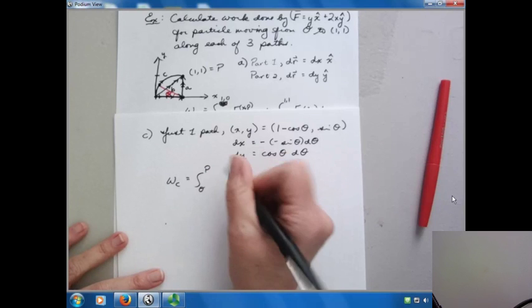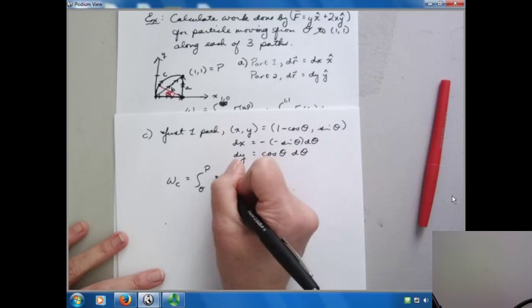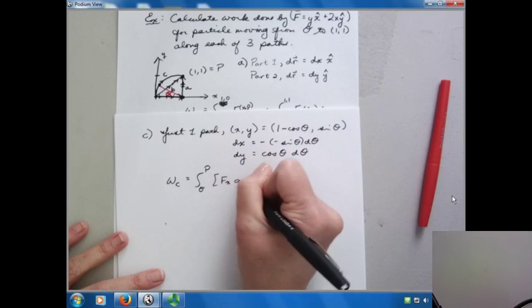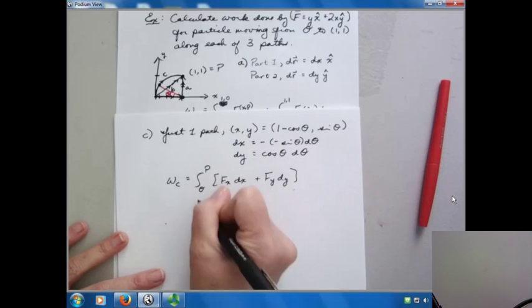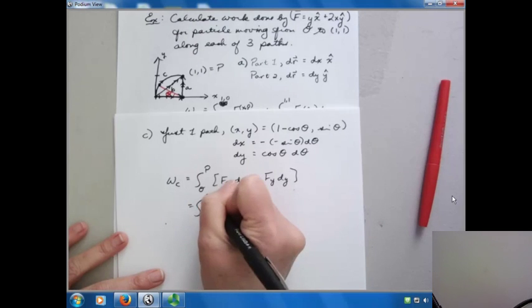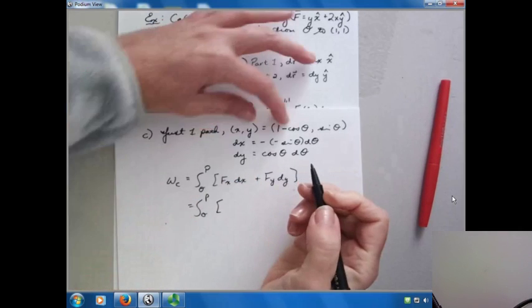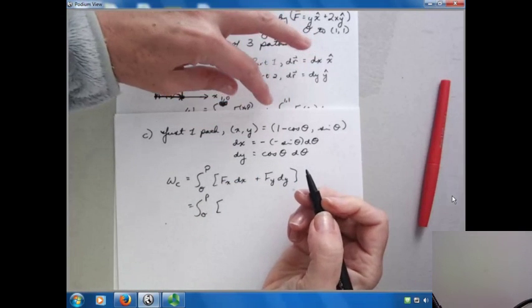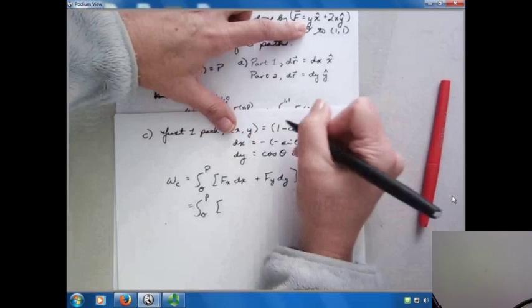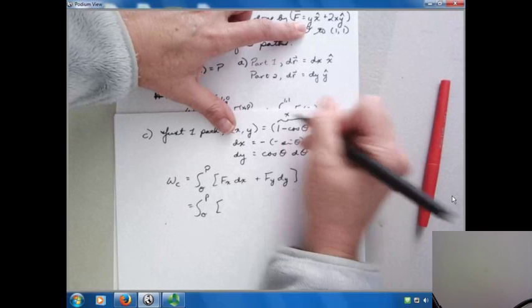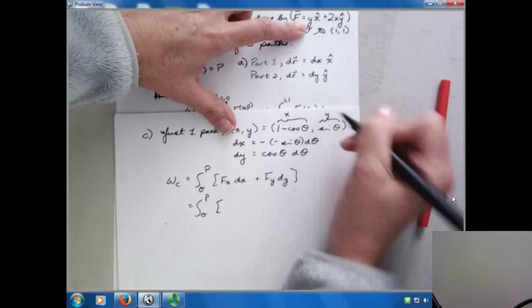The integral from the origin to P of Fx dx plus Fy dy. Let's make some substitutions here. Fx is going to be y, which is sine theta. So let's remember this guy here is our value for x. This guy here is our value for y along that path.